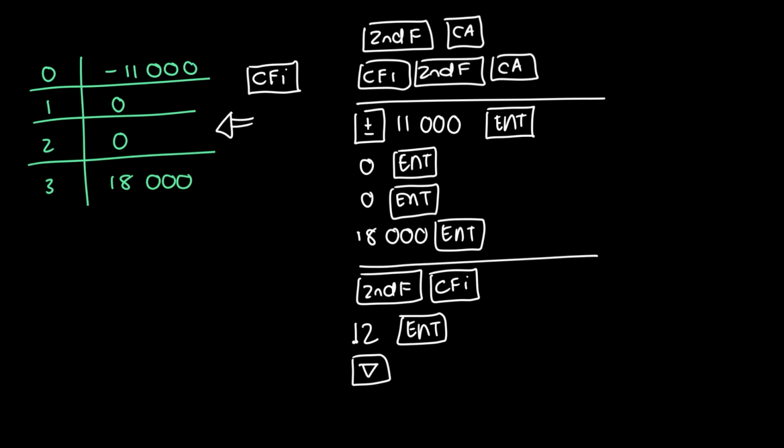So we're just going to push the compute button and it's going to update our net PV value. And that's going to give us our net PV equals 1812.04.